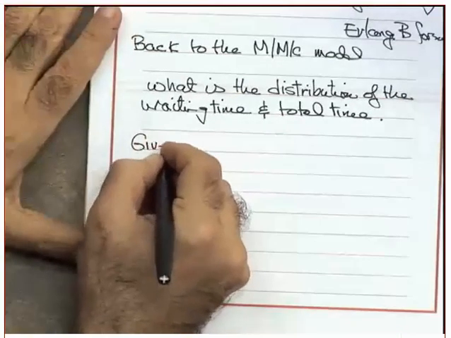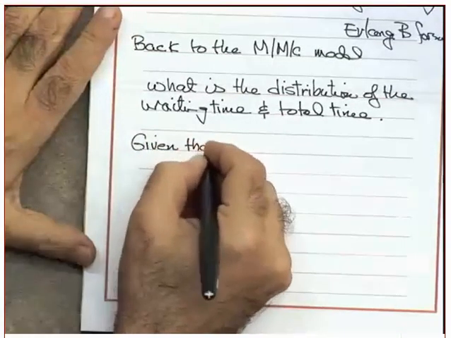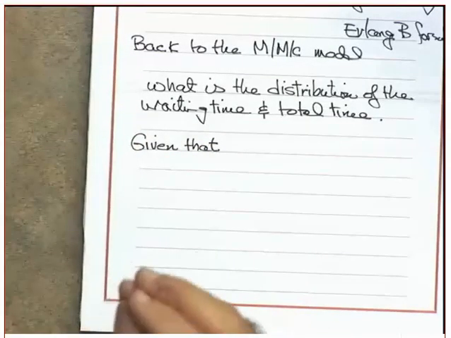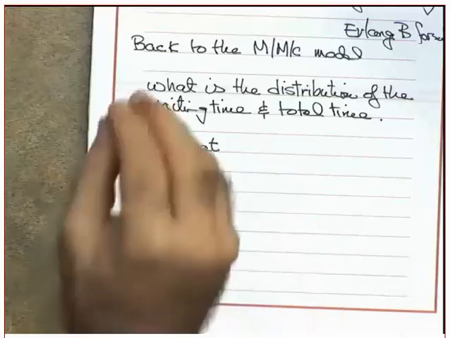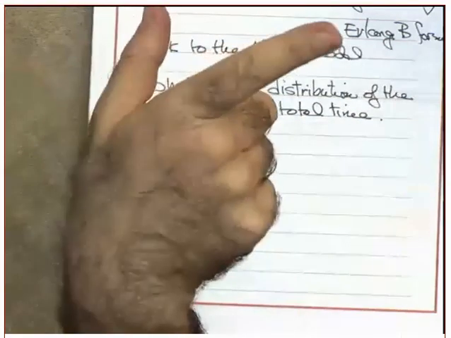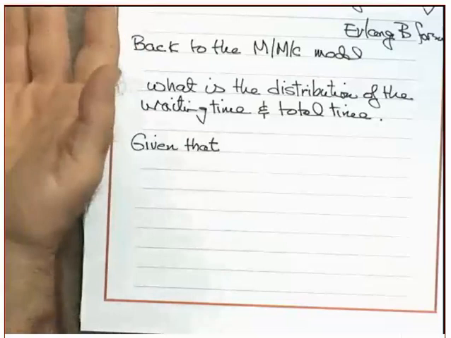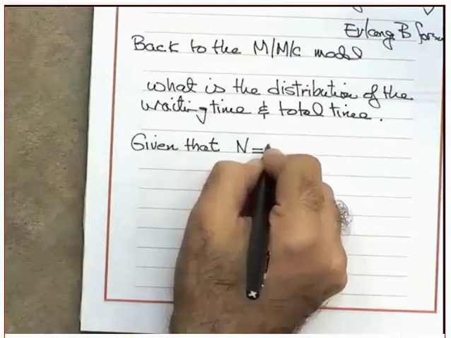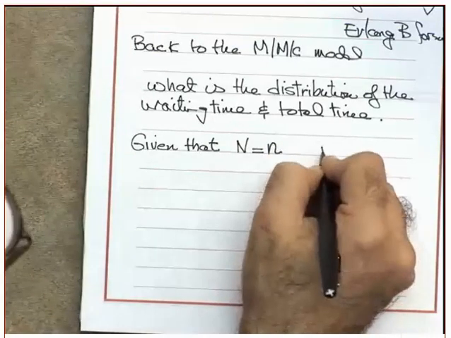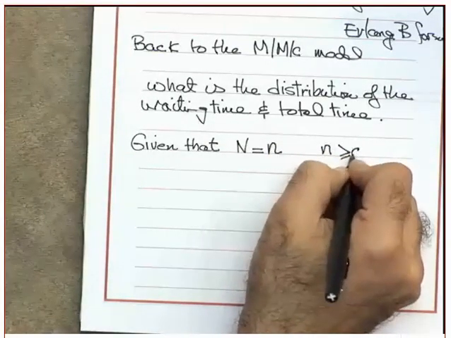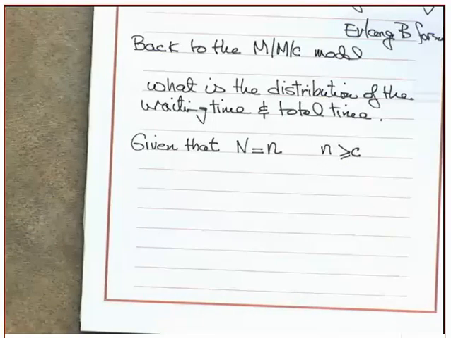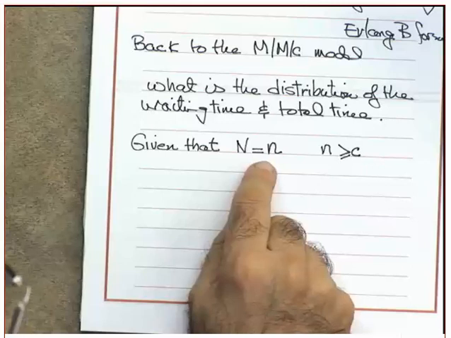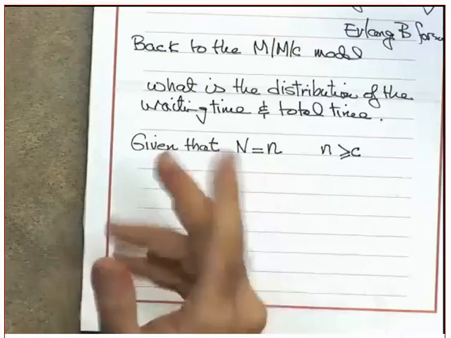Given that, now keep in mind, let me ask you a question. If the number of packets in the system is less than C, will there be waiting? There won't be waiting. So what I'm trying to say is that given that N is equal to n, where n is greater than or equal to C. When I tell you given N is equal to n, what does it mean?